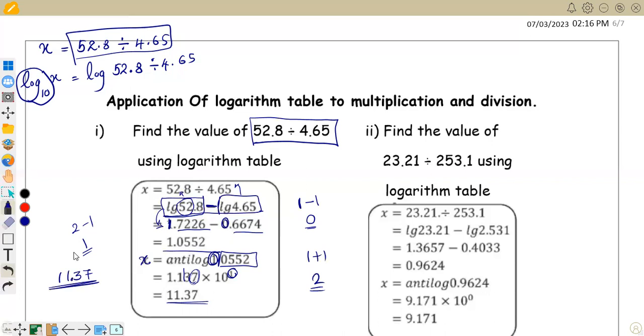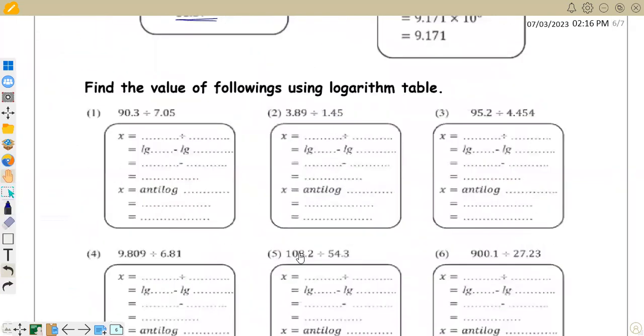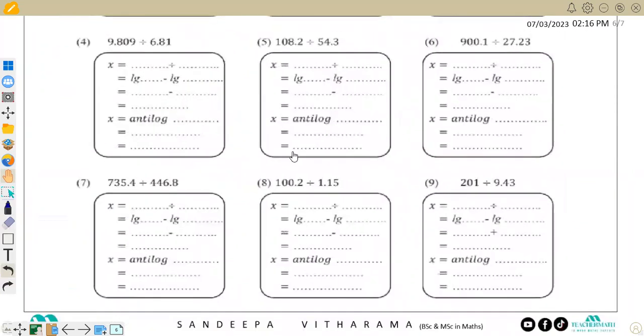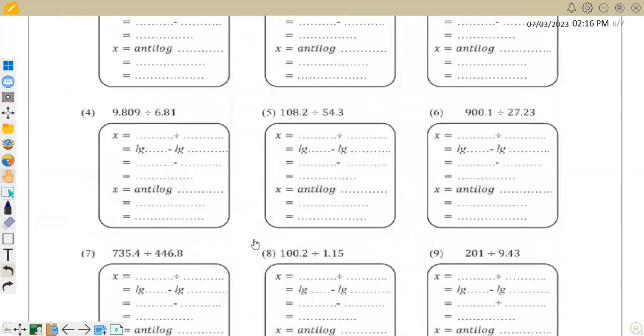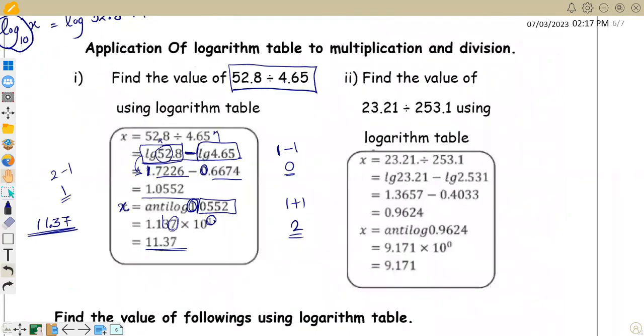Okay. In this case, we do not write it as 1.137. We just write only digits and then after by looking at the characteristic, we separate the whole number part digits. Okay. In here also, by looking at the example, you can try to do these given exercises. Then obtain the answers. Using a calculator, you can check whether you have got the correct answers.